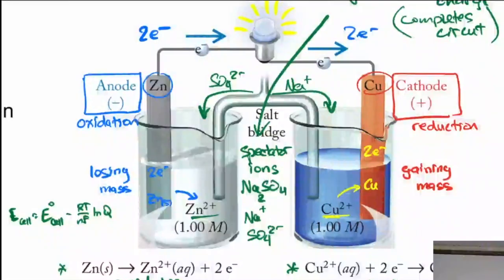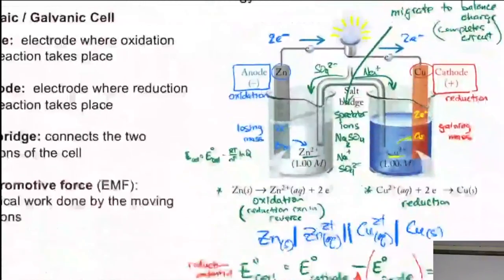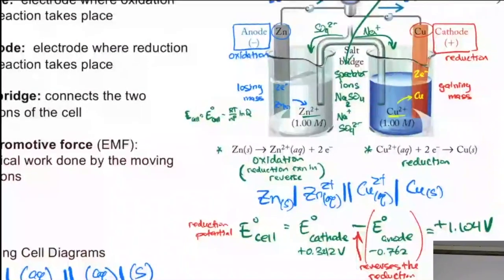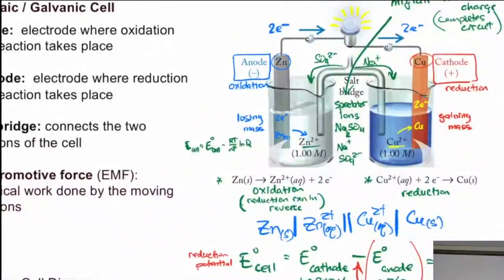Here it is, 1.104. So when we start under standard conditions, look, it even says 1 molar on our illustration, how convenient. These two are equal to each other because this term goes away.